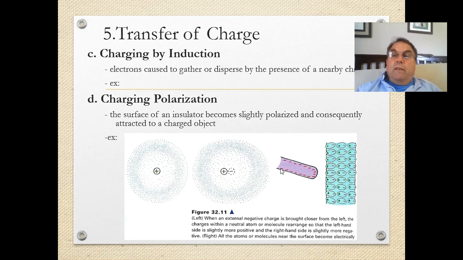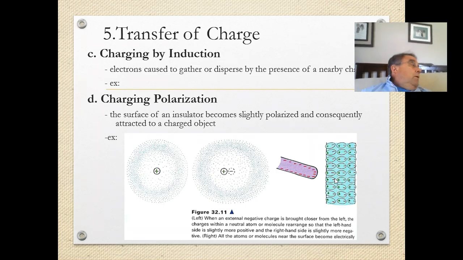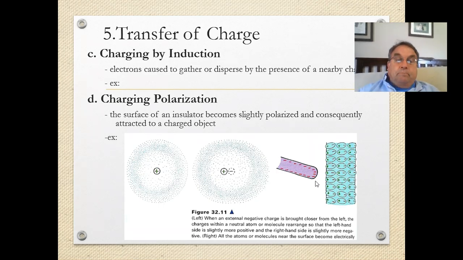But those were with conductors. This would happen if you held it up to, say, a balloon or to the wall, something that is an insulator that's not going to actually transfer the electrons.